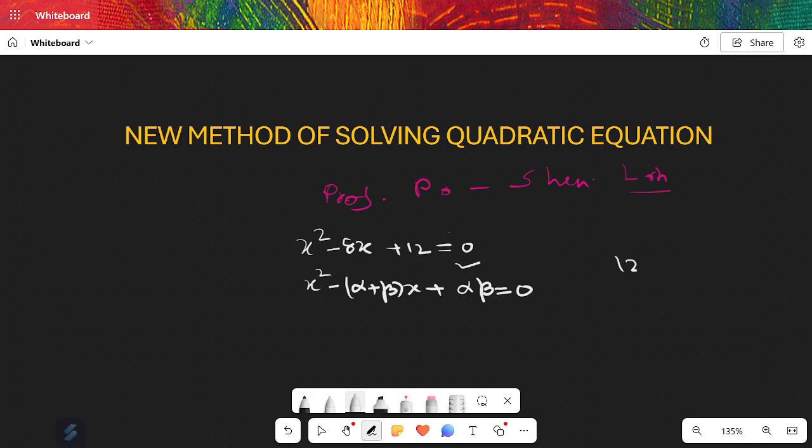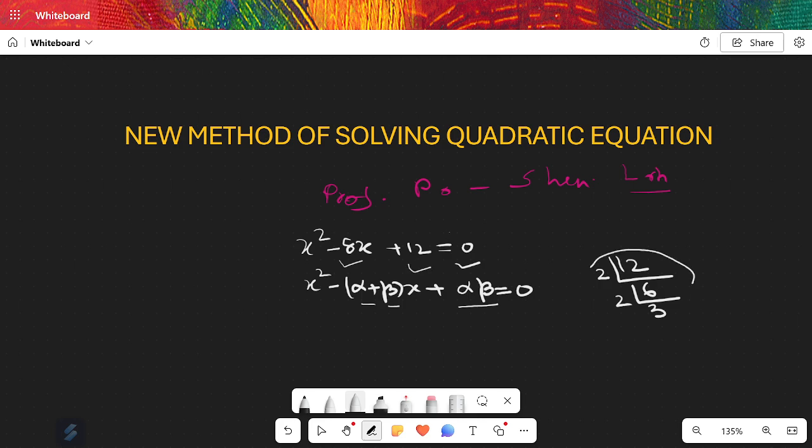So basically, we factorize the number 12 and try to find the right combination of these numbers, so that when we add alpha and beta it will give 8, and when we multiply it will give 12.